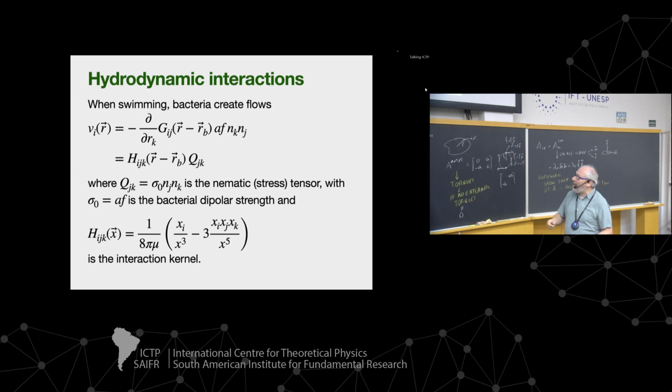If you put a diagonal matrix there, you're not going to get flow, because the fluid is incompressible. So you don't generate flows by the diagonal part, and then you can subtract the diagonal.